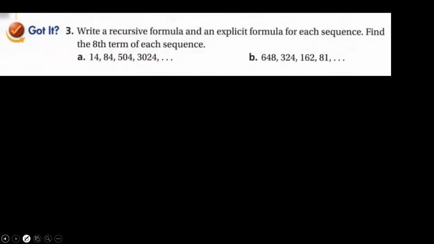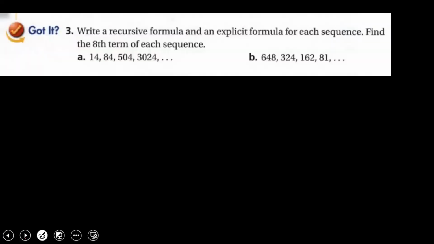Let's do A. In A here, I have A sub 1, 2, 3, 4. Let's solve A.